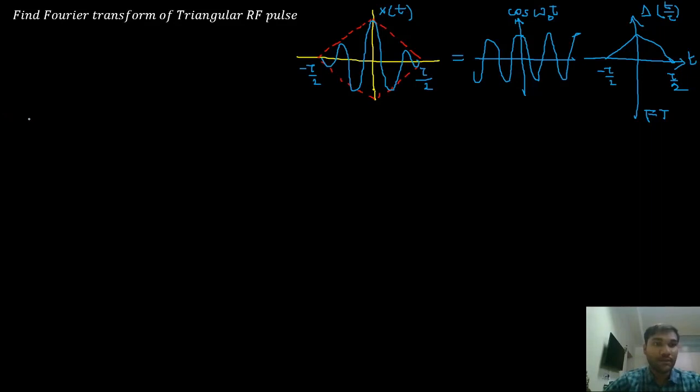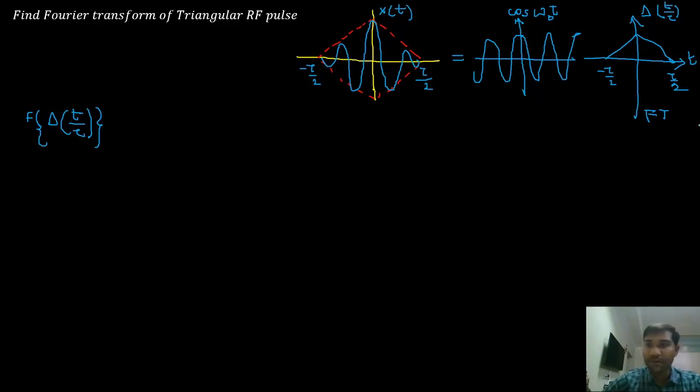So first let us find the Fourier transform of the triangular function, triangle of t by tau.